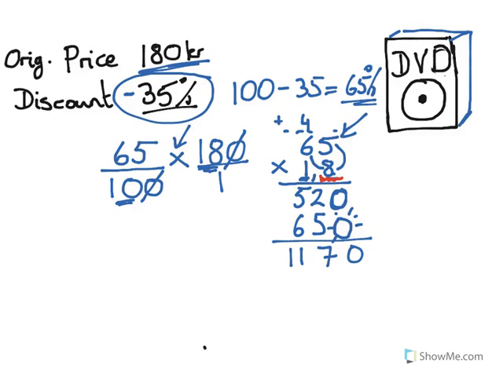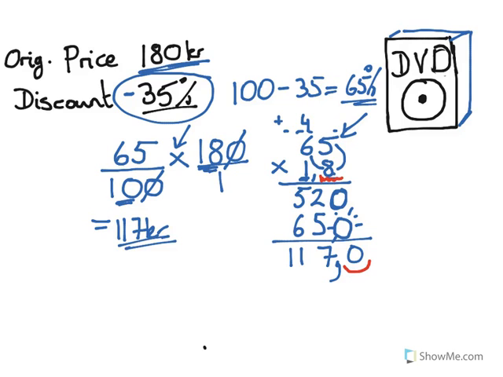It was 1.8, so we have to put a decimal point back in the answer. We have to move one place back with our decimal point, giving us 117. So 65% of 180 is 117 kronas.